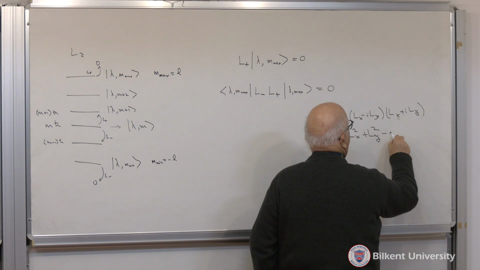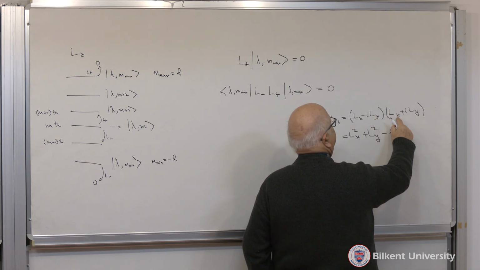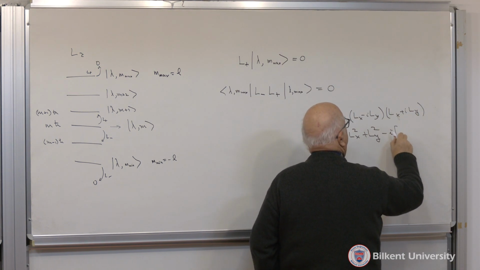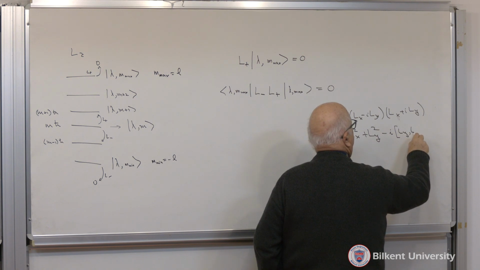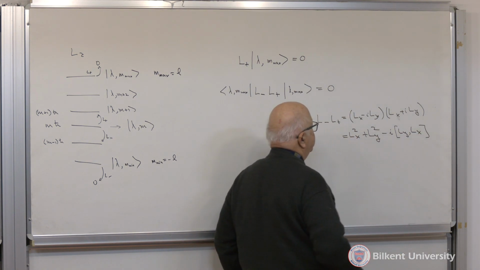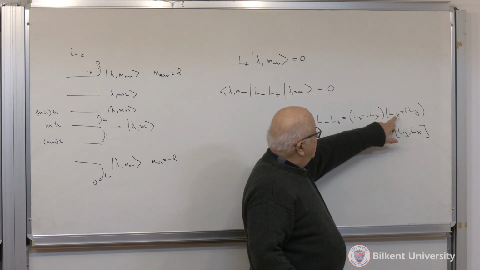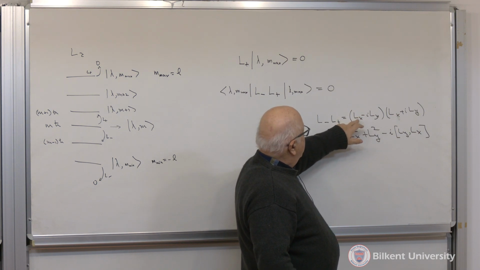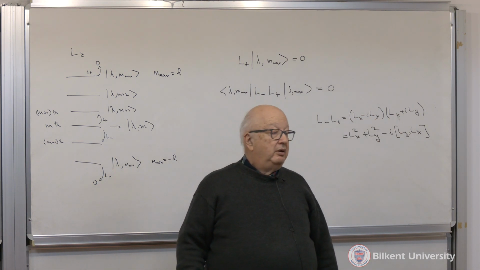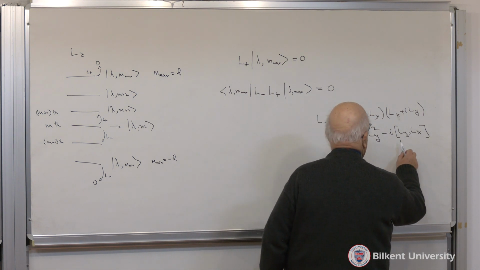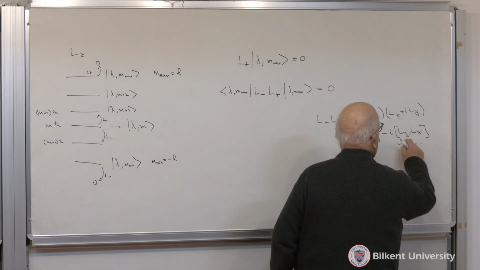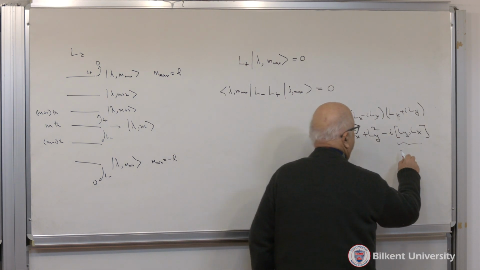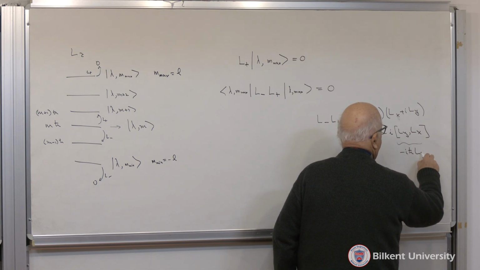So I have minus i Ly Lx plus i Lx Ly. So it is the commutator of Ly with Lx. So it comes in as minus Ly Lx, but plus i Lx Ly. So this thing here is Ly Lx, wrong order. So it comes in as minus i h bar Lz.